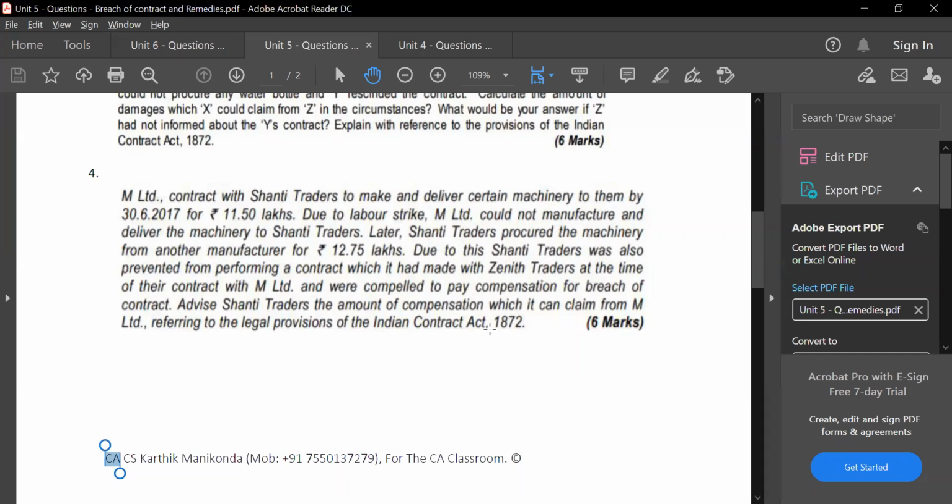Yeah, so good. Thank you, Soumya. So I'll just go through the question, simple question, similar to the previous one. Type your answer. What is the actual amount of compensation they can claim?